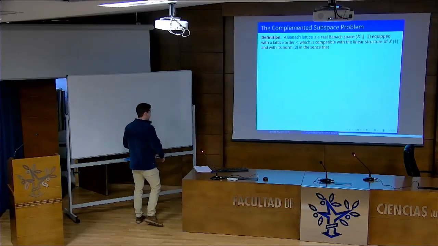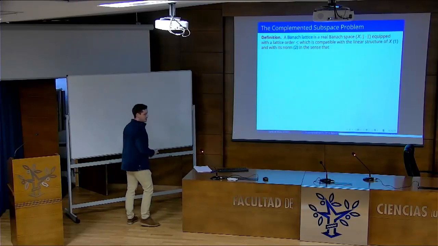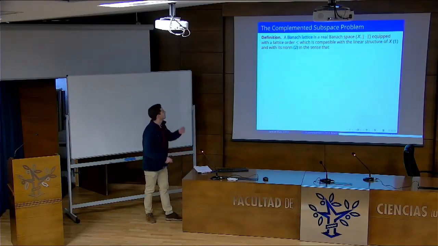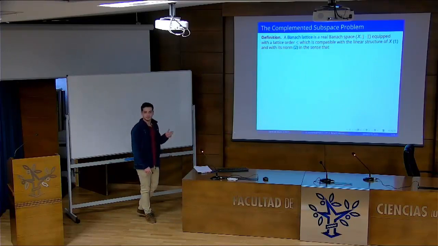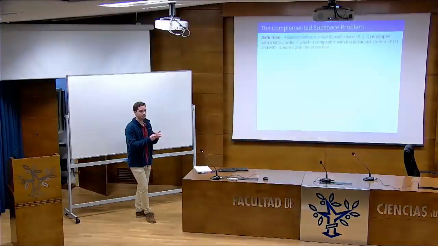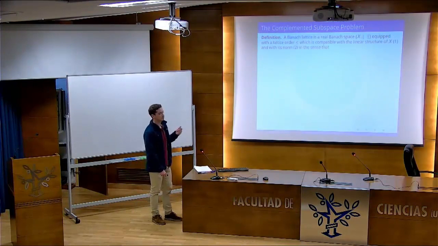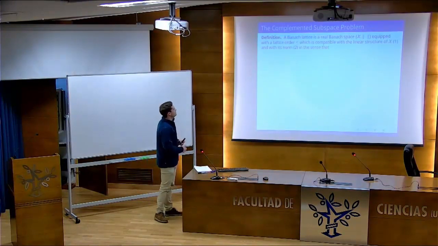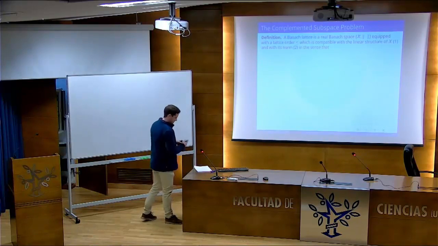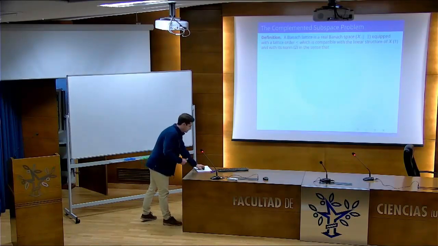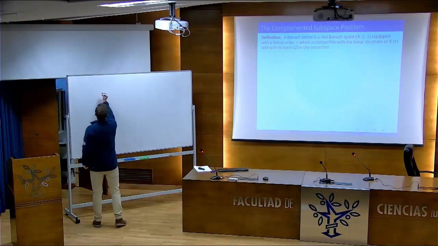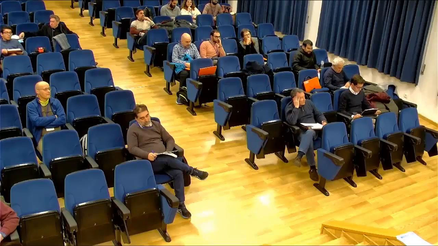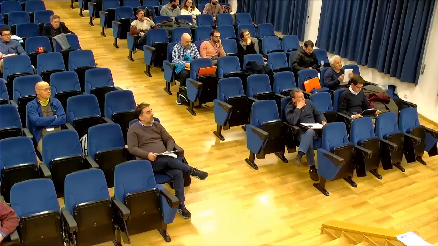I'm going to start by recalling the definition of a Banach lattice, which is a real Banach space equipped with a lattice order. That is, for any two elements, there exists a supremum and an infimum. Okay, we have a Banach space and a lattice order.